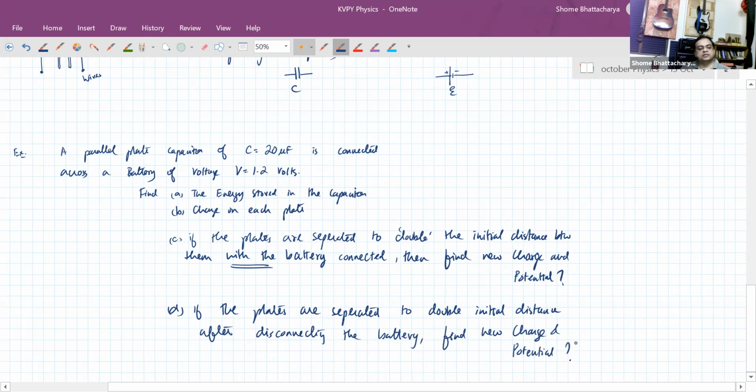Okay, so we have the thing set up like this, that we have connected the capacitor across a voltage cell or a battery like this.